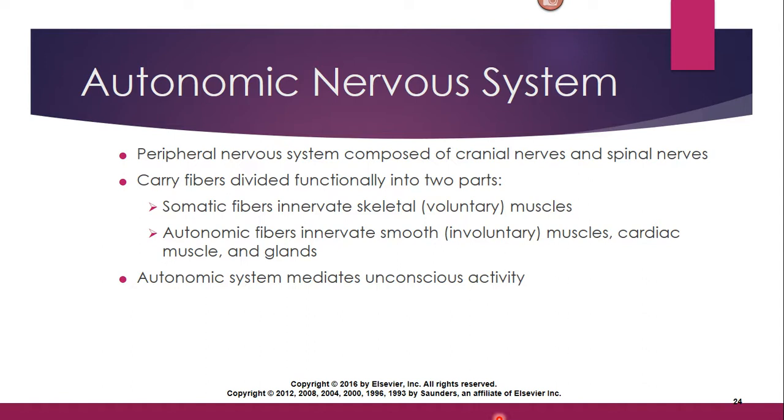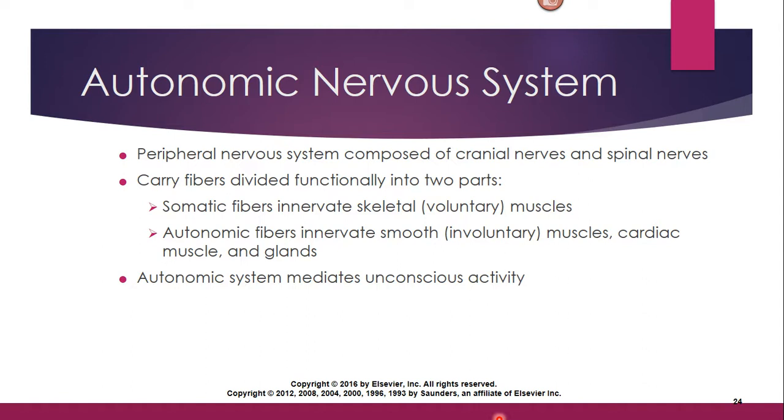So let's talk about the autonomic nervous system. It's part of the peripheral nervous system, which has cranial nerves and spinal nerves. They're divided into 2 parts by their functionality: the somatic fibers, which innervate our skeletal muscles, which are voluntary, and then our autonomic fibers innervate our smooth or involuntary muscles, cardiac muscle and glands.